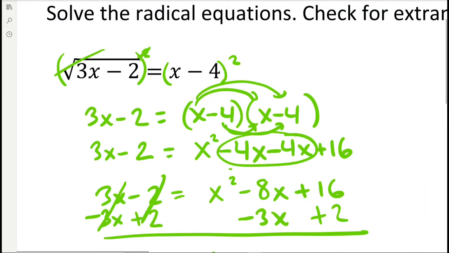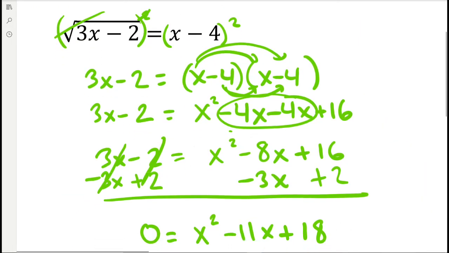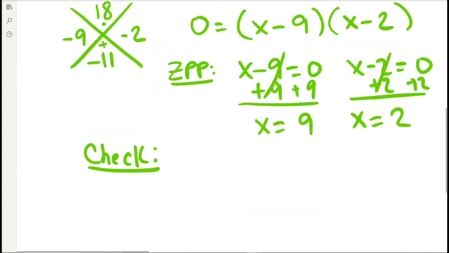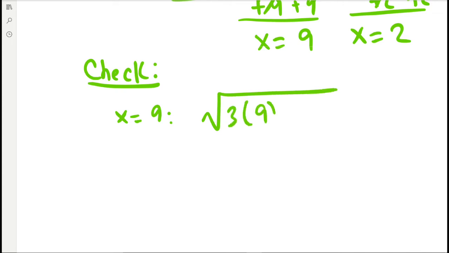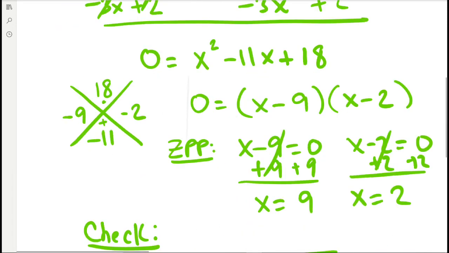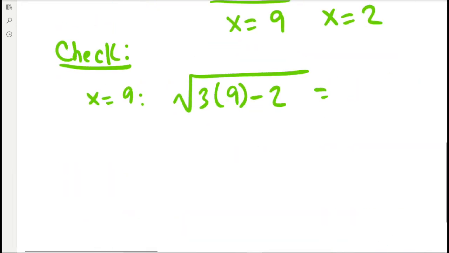If we plug 9 into the original, let's check 9 first. Plug this into the equation: the square root of 3x minus 2 equals x minus 4. So let's do x equals 9 first. The square root of 3x minus 2, with x being 9, equals 9 minus 4.